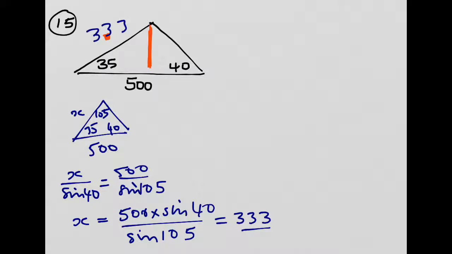Now if we use a right angle triangle, this angle here is 35, this we've just worked out is 333, and we're trying to calculate this distance here.